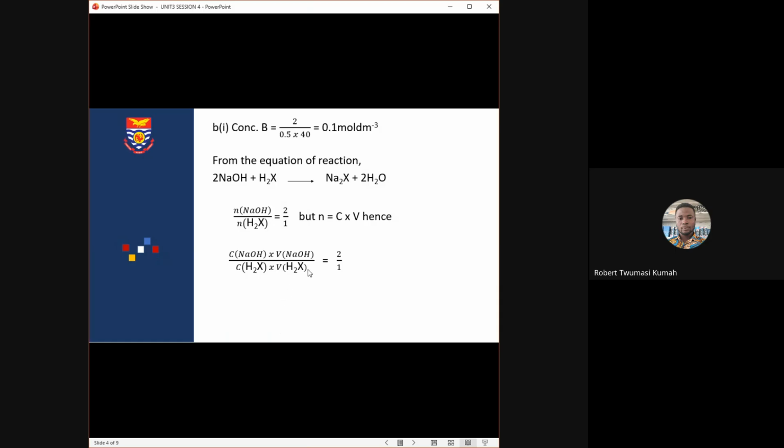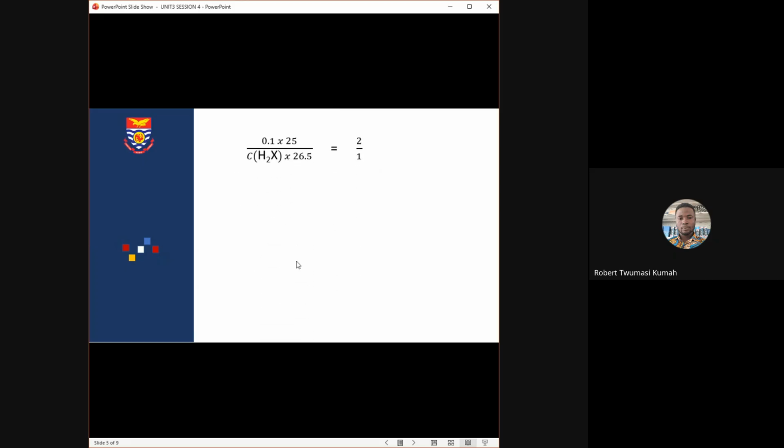This one. So we can now put these values into it, and that gives us 0.1 times 25 over C of H2X times 26.5. Once again, this is the concentration of the sodium hydroxide. This is the pipette volume. This is what we are looking for. This is the average titer.